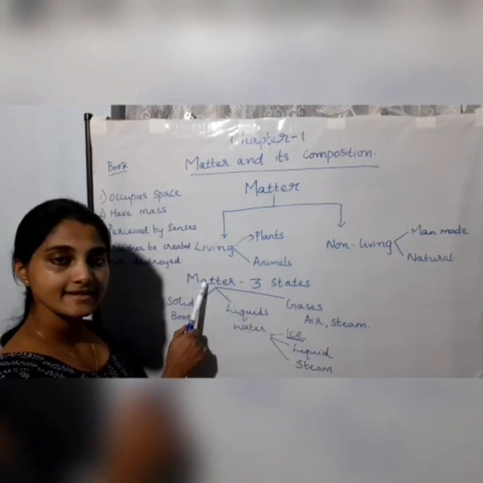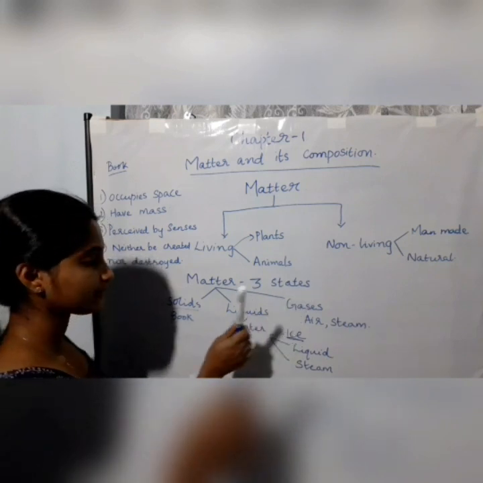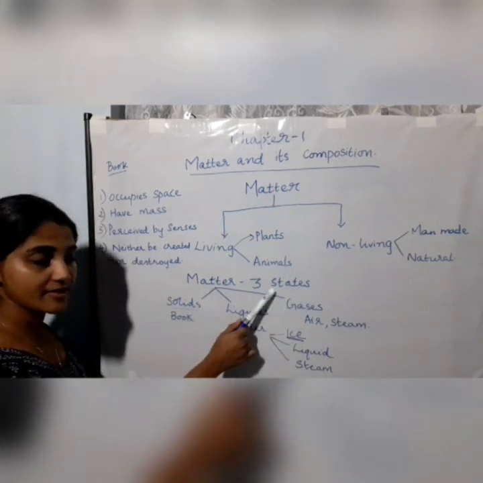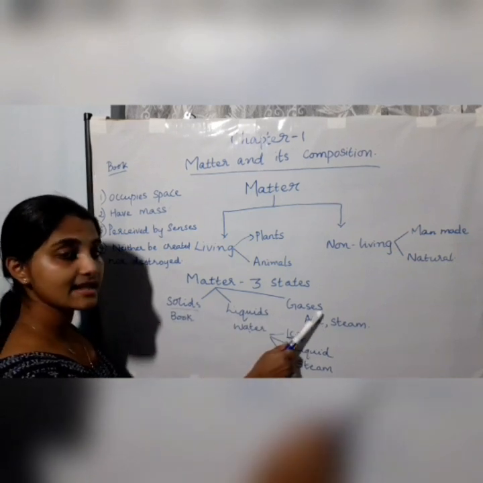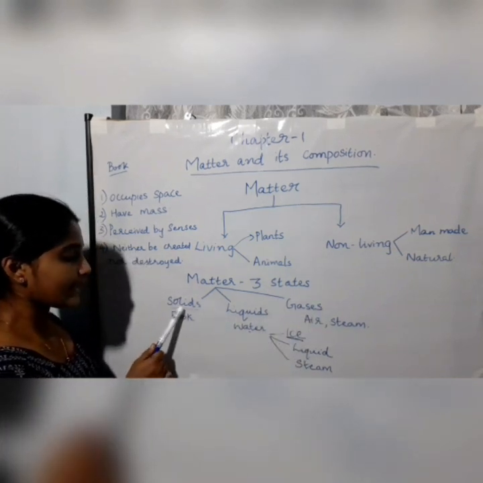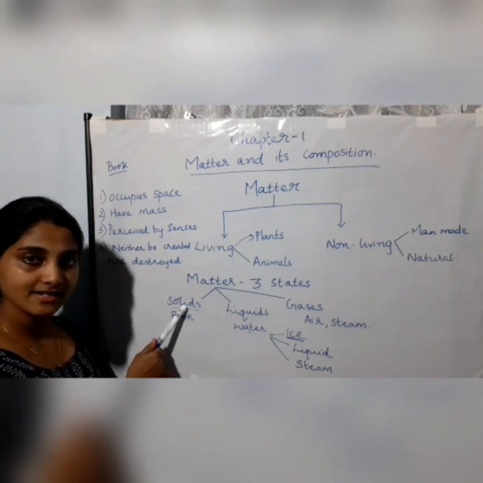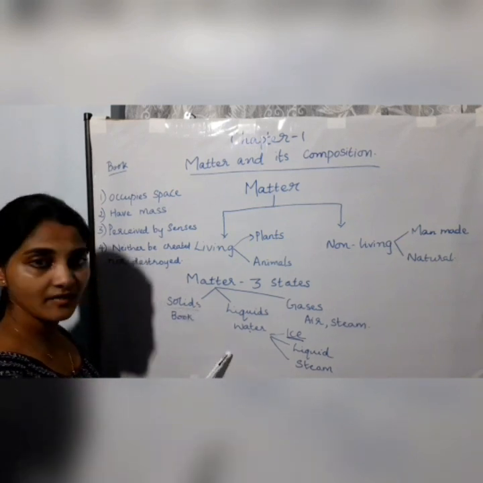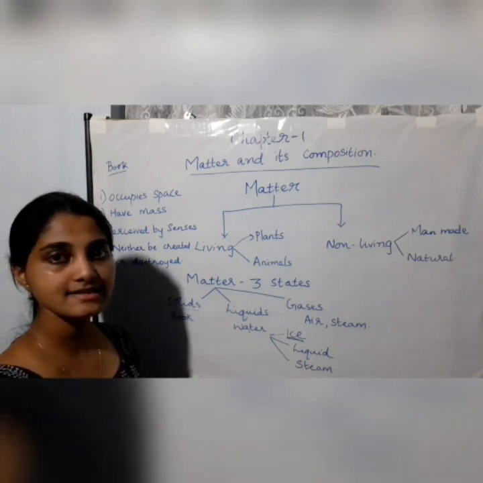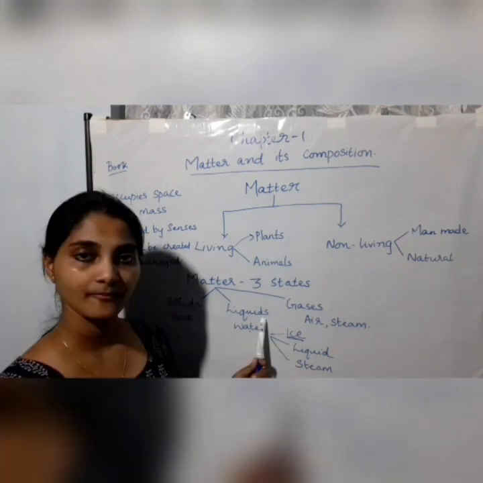Now, let us see the three states of matter. Matter has three states and it is divided as solids, liquids and gases. Examples of the solid state of matter, as we have seen, are a book, this marker, this whiteboard, or anything that is a solid object.